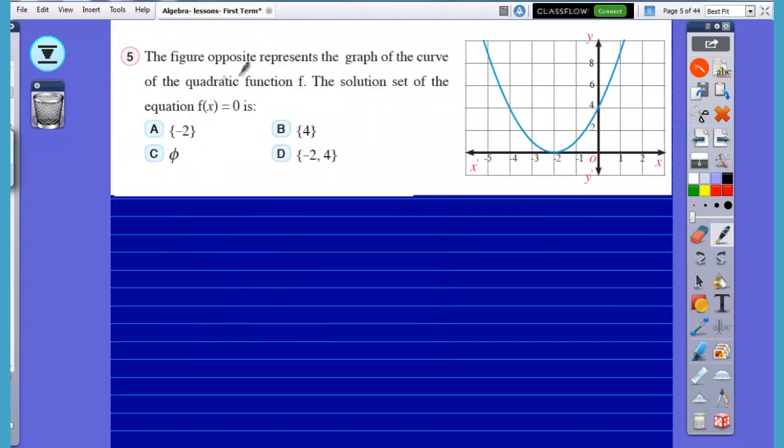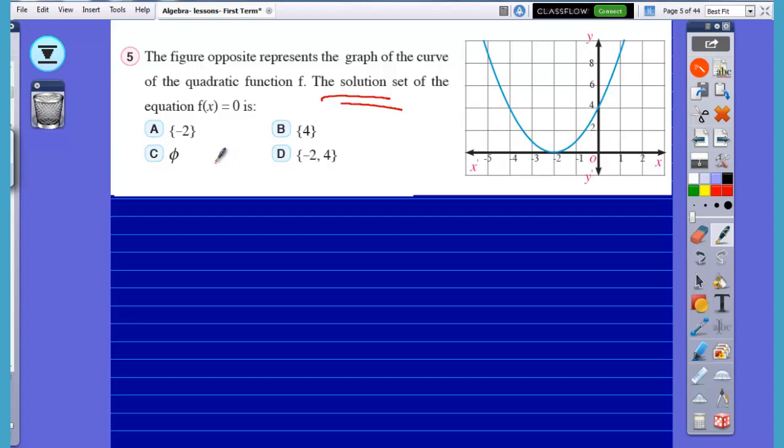Here the figure opposite represents the graph of the curve of the quadratic function f, and the solution set of the equation f of x equals 0 is one of these options.